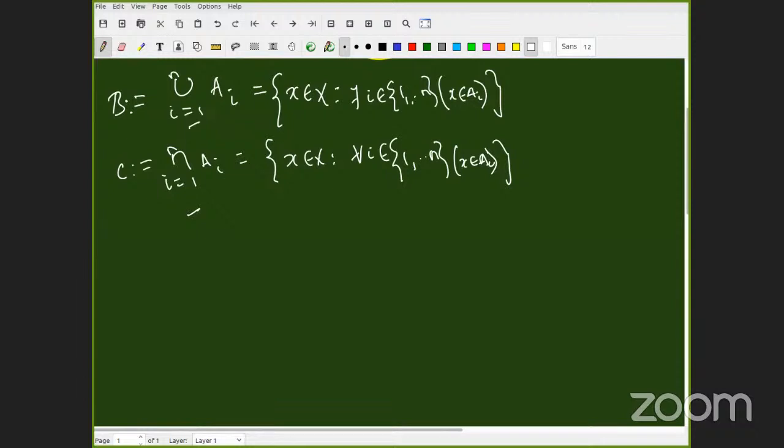Somebody from R5. Kavipriya: Sir, C is a subset of B. Very good. So intersection is a subset of union, right?